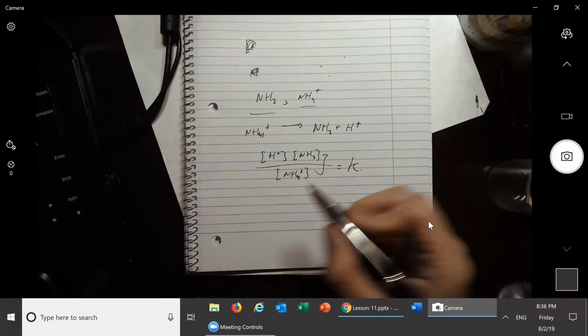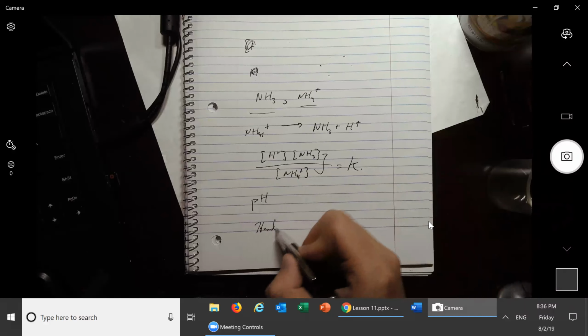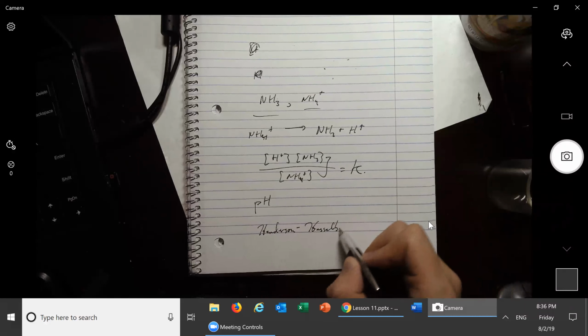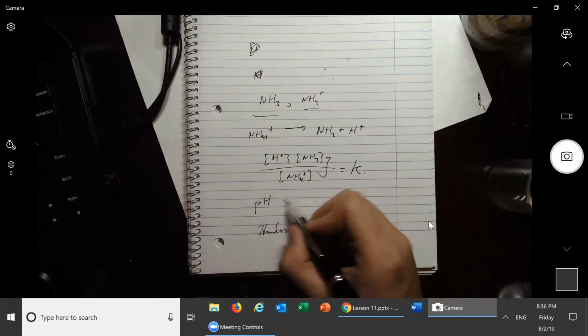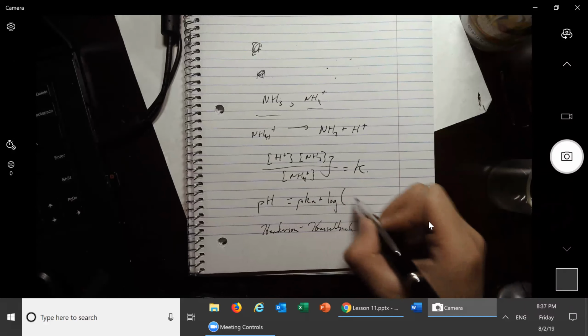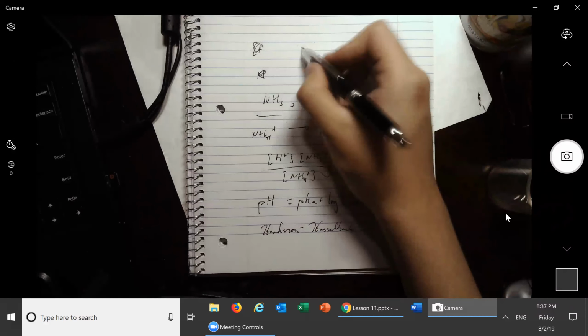And then we get this equation called the Henderson-Hasselbalch equation: pH equals pKa plus log of A minus over HA.